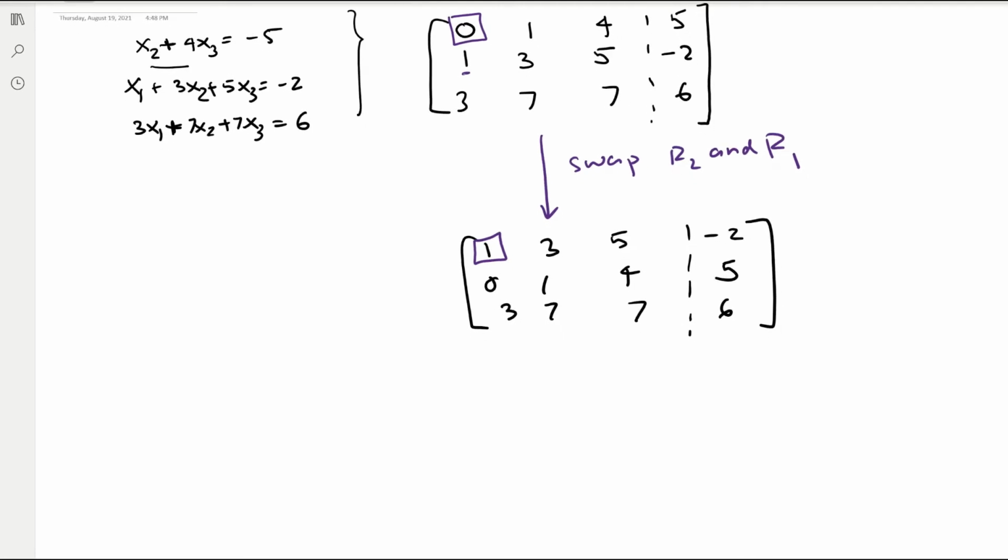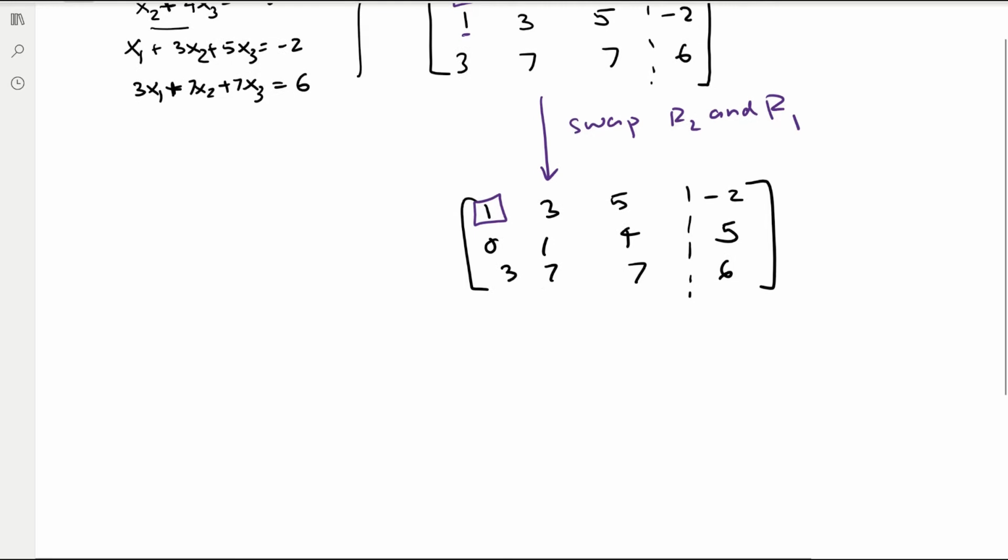Now what we have to do is create that lower triangle of zeros. The lower triangle of zeros would be here, the triangle under the diagonal of this augmented matrix, or rather in the coefficient matrix part of this augmented matrix.